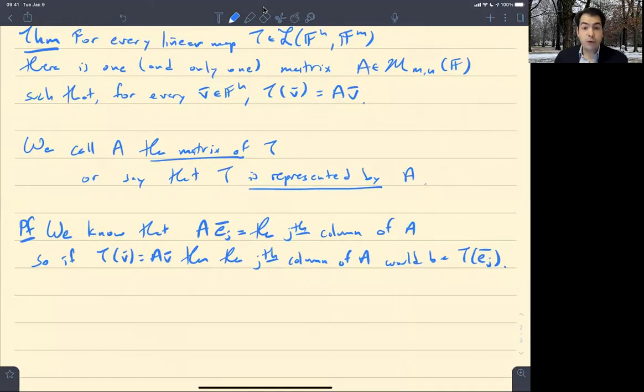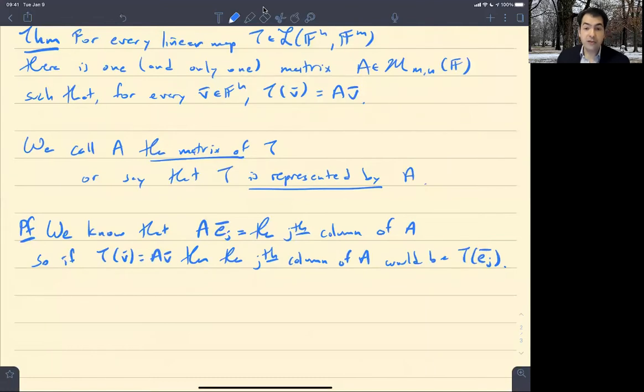So notice that proves uniqueness, right? Because if T of V is equal to A times V, then I can find the jth column as just T of EJ. So there can only be one matrix that satisfies this property.